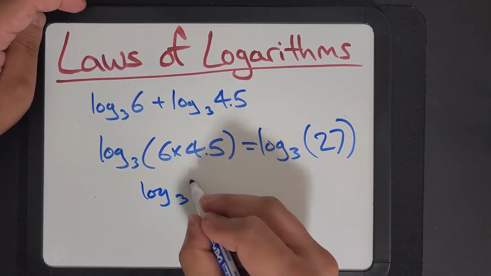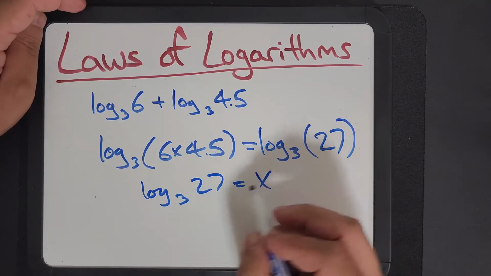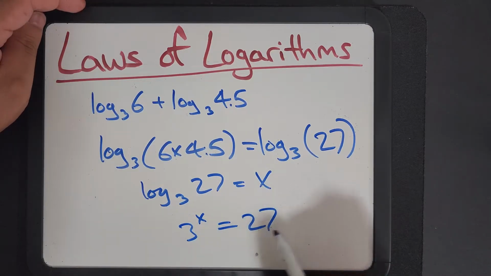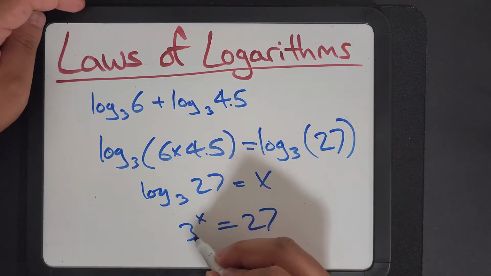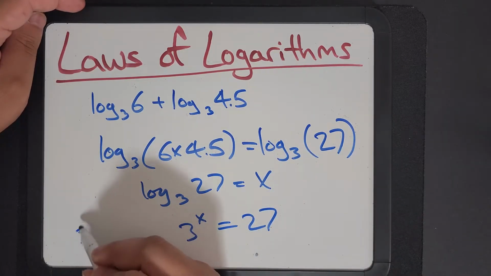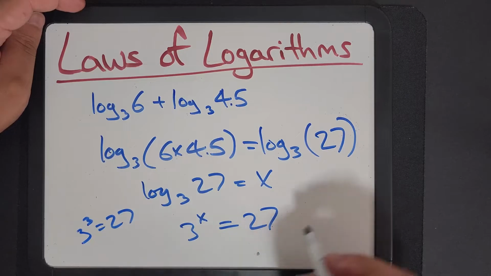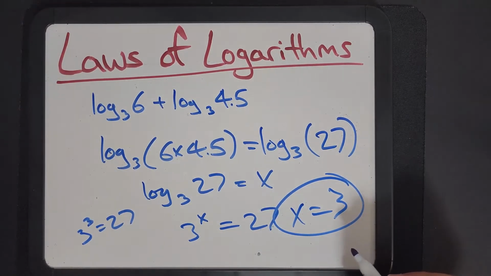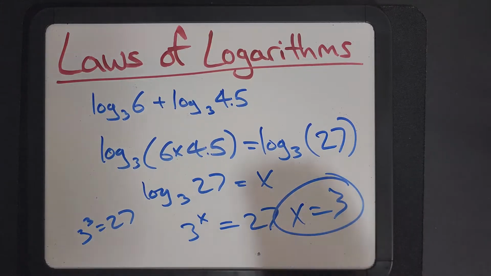If log base 3 of 27 is equal to x, then 3 to the power of x is equal to 27. And we know that x has to be 3, because that's what gives us 27, so x is equal to 3. And see how easy math just became. So let's do another one.